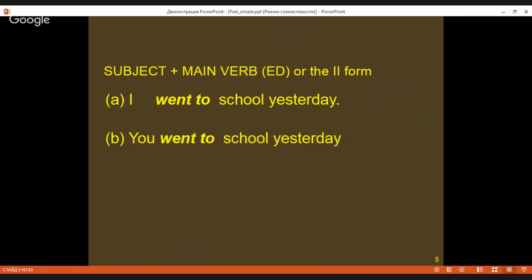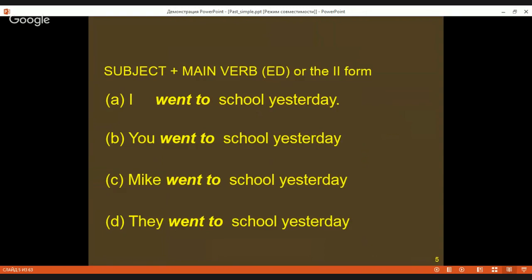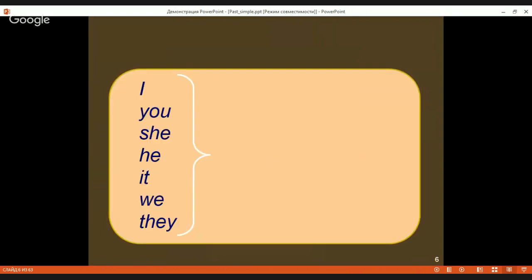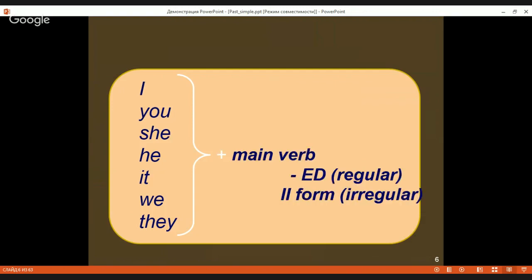You went to school yesterday. Mike went to school yesterday. They went to school yesterday. Well, we can understand that for all the persons, I, you, he, she, it, we, they, we always use the same form of the verb, the main verb with a d ending if it's regular, or the second form of the verb in case it's irregular.